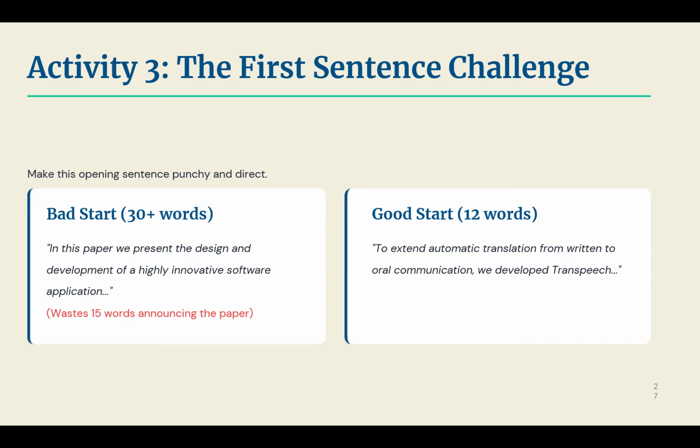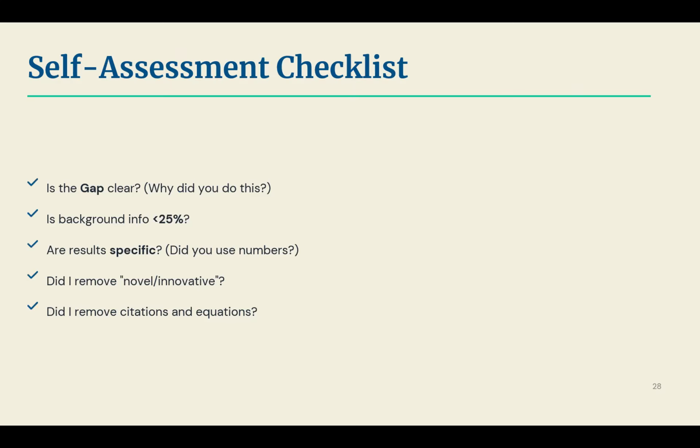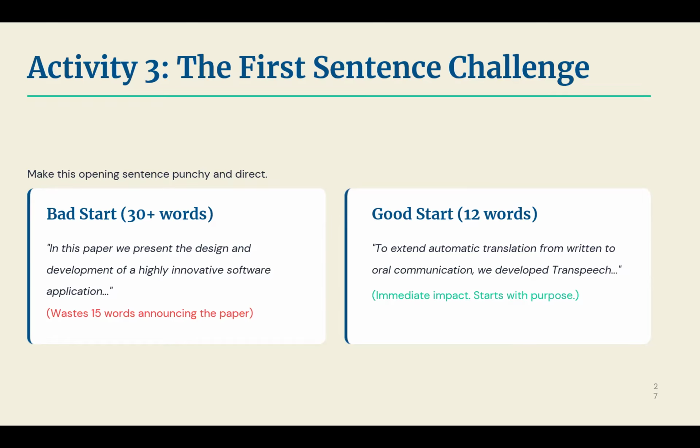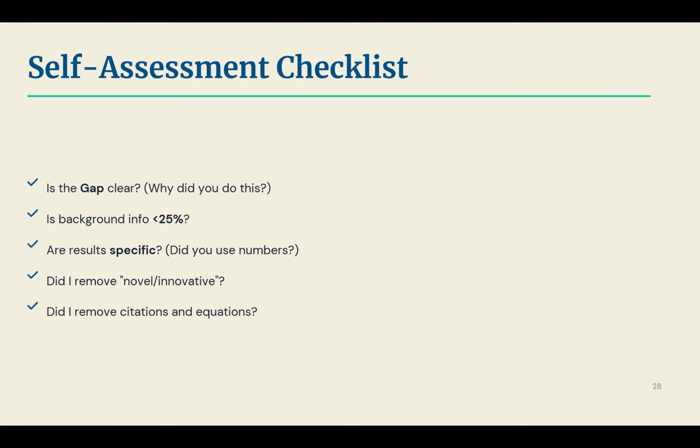Because between title and the abstract, there is a gap, and the first sentence should fill that. Start with purpose. That is simply the easiest method.